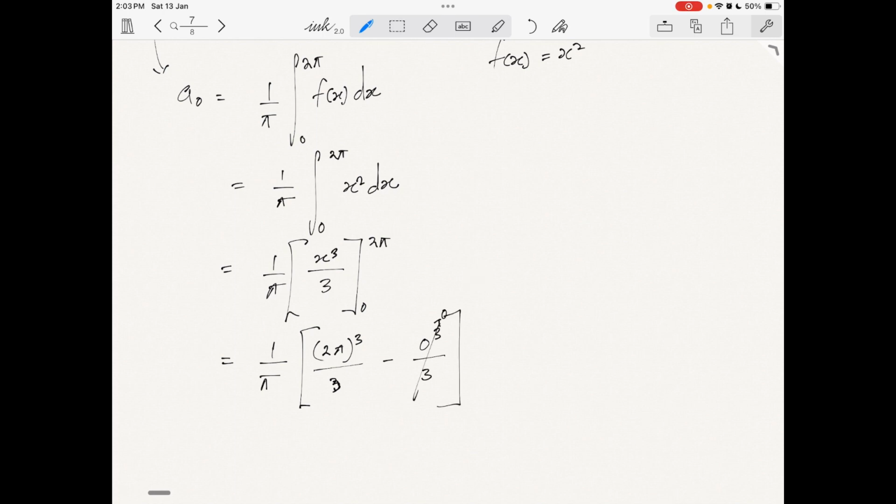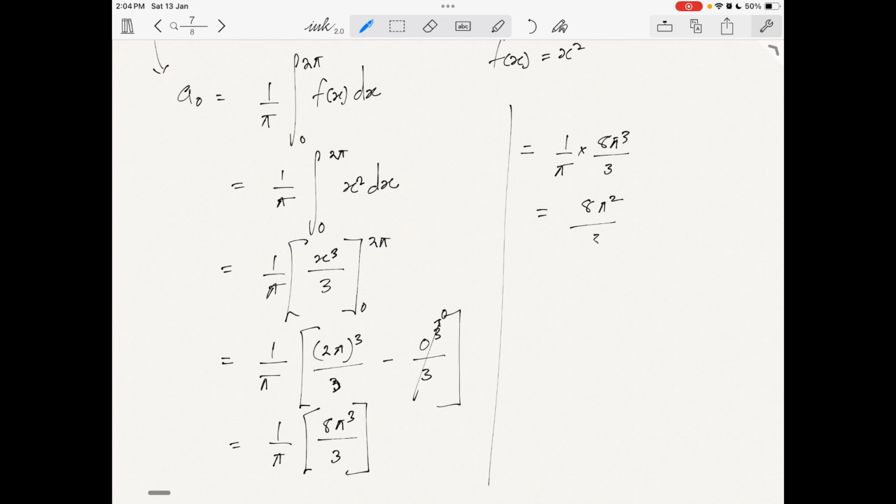This gives us 0, and we'll be left with 1 over pi times 8 pi cubed over 3. This will be equal to 8 pi squared over 3, which is a0. And we have been able to establish a0.